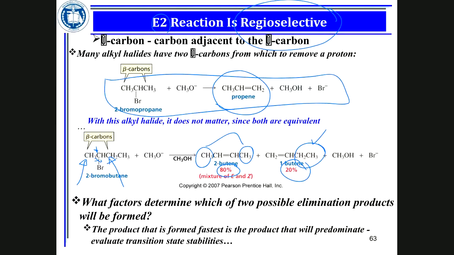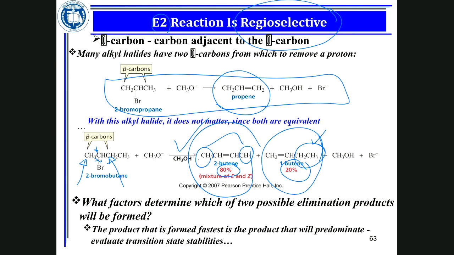Based on the energy diagram, or based on internal energy, if you compare the energy of this molecule with this molecule, experimentally it's found that alkenes or carbon-carbon double bonds with more alkyl groups attached to it are going to be more stable.